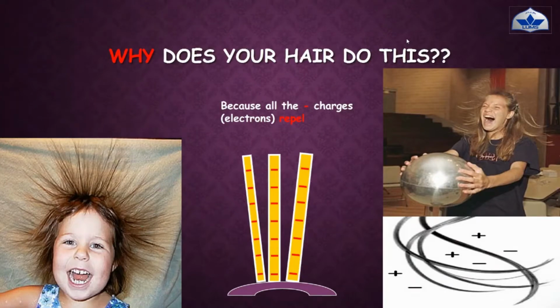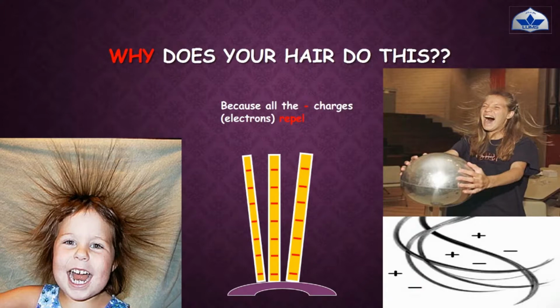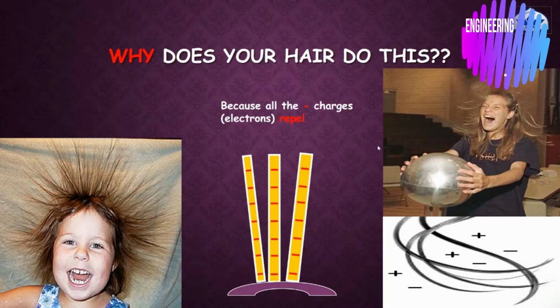Here you mostly see that whenever you place your hand on the dome shaped sphere of the Van de Graaff generator, your hair will stand straight, like what you are watching. Why does this happen? Actually, if you look at this figure, she placed her hand onto the Van de Graaff generator.